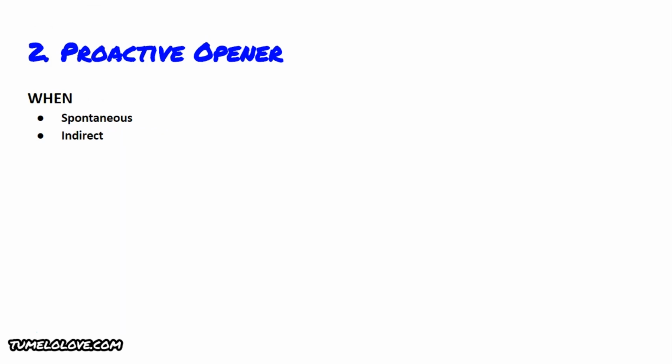Now, when would you use this opener? You want to use this opener if you want to be more spontaneous, or you want to approach her in a way that is indirect. If you want to go direct and show your intent from the get-go, this isn't it; here you want to be more indirect.